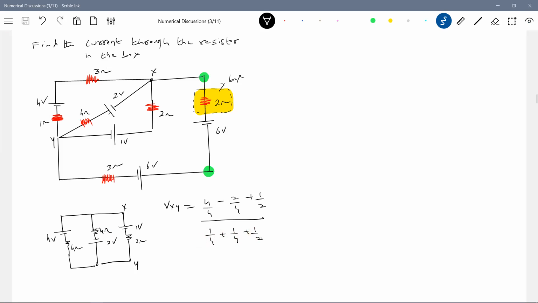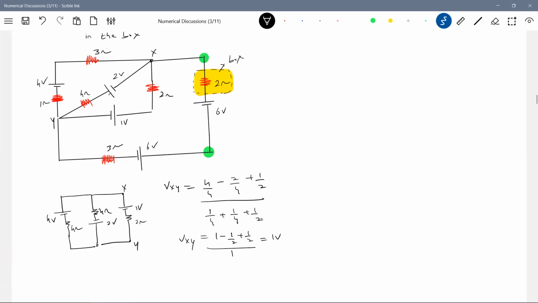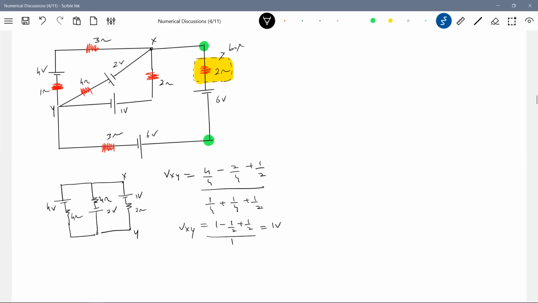So this is 1 minus 1/2 plus 1/2, by 1/2, which gives an effective 1 volt. What about RXY? RXY will be 1 by the summation of 1/4, 1/2 plus 1/2. You should not put a minus here either. Be careful. So this will be 1 ohm.